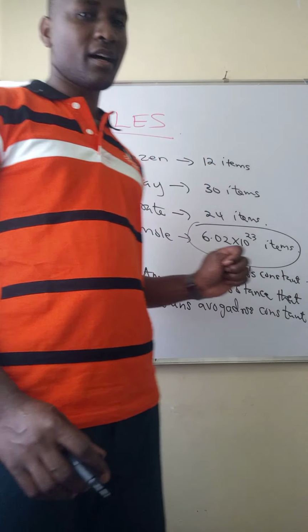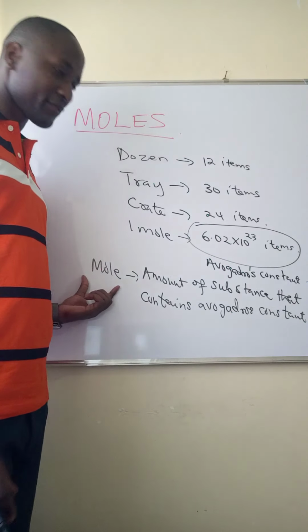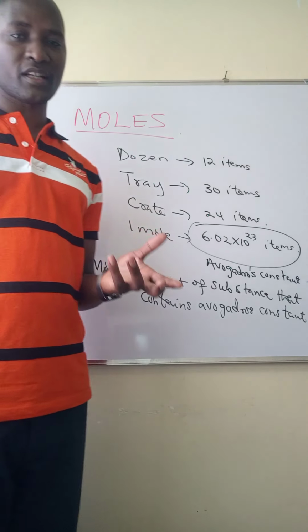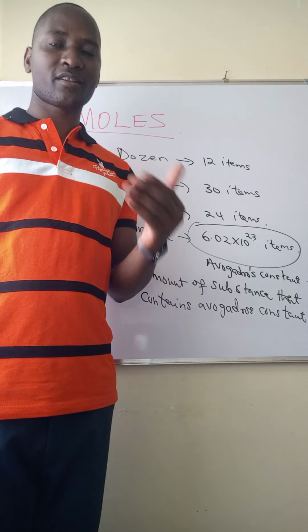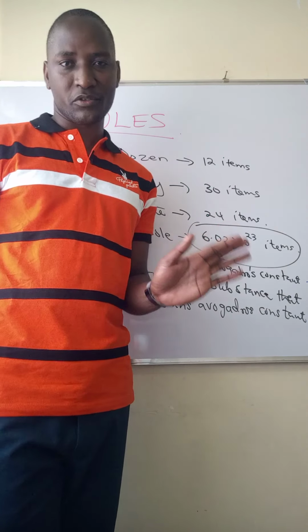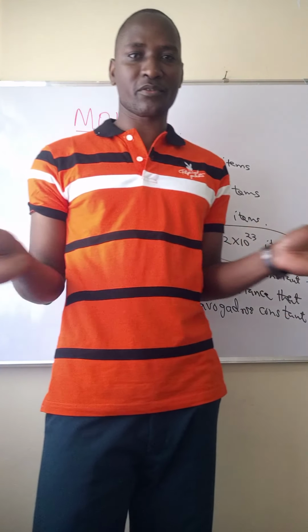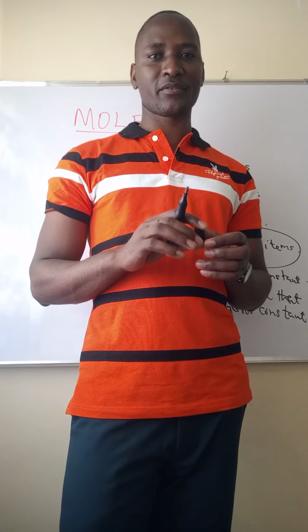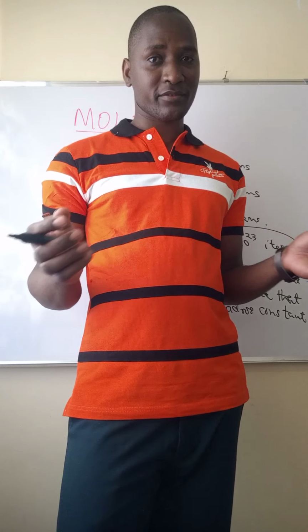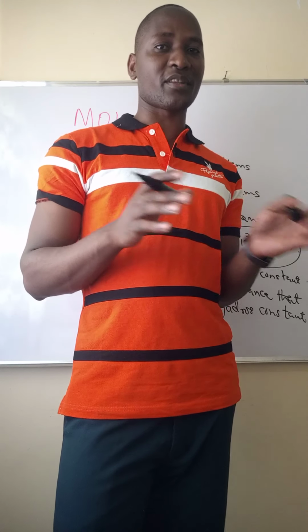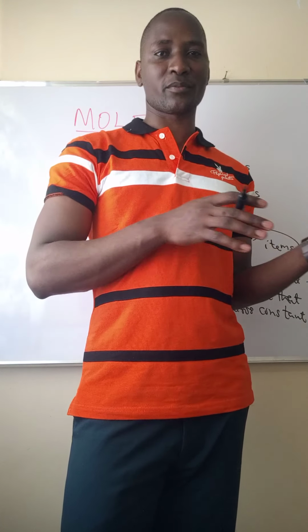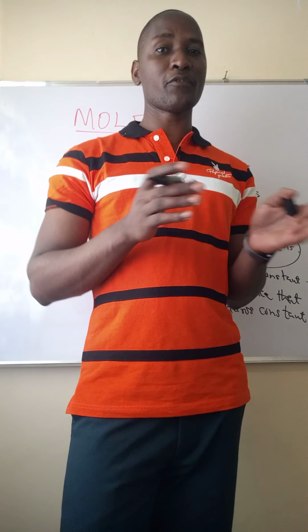Then 1 mole of any substance is always equivalent to the relative atomic mass. I know when I introduce something like relative atomic mass, most of you may fear. So you also have to get used to the terms like relative atomic mass, relative formula mass.